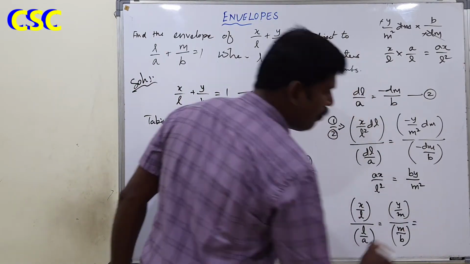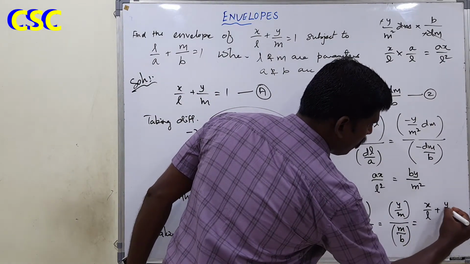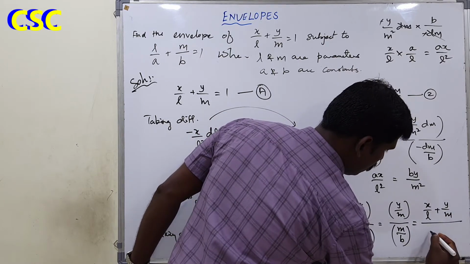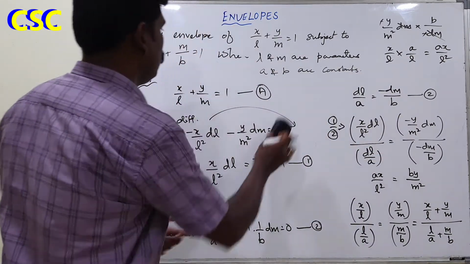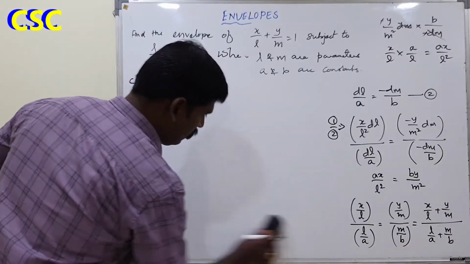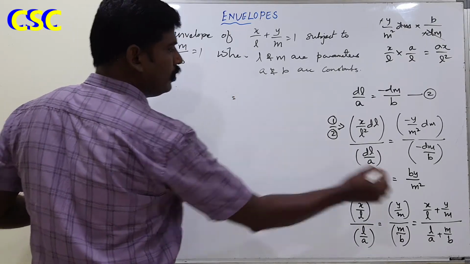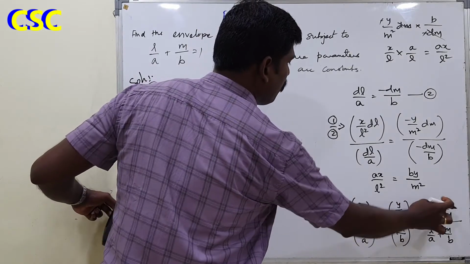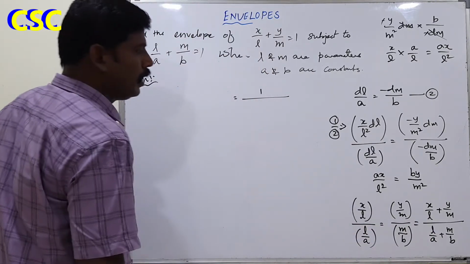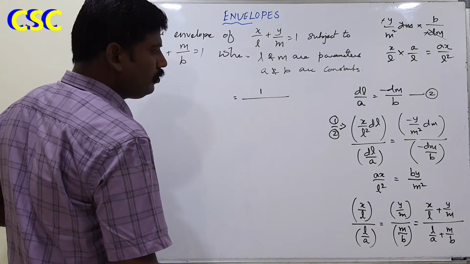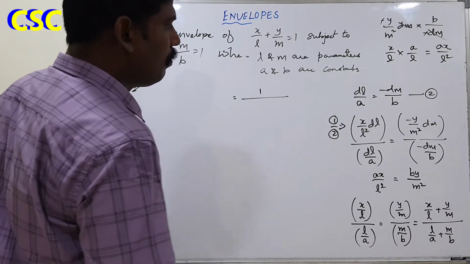Now, by the componendo or common ratio method, we can add the numerator with numerator. So x by L plus y by m, isn't it? By L by A plus m by B, isn't it? Right. So what is on the right hand side of that value? The numerator value x by L plus y by m is the value of 1 by L by A plus m by B here, isn't it?